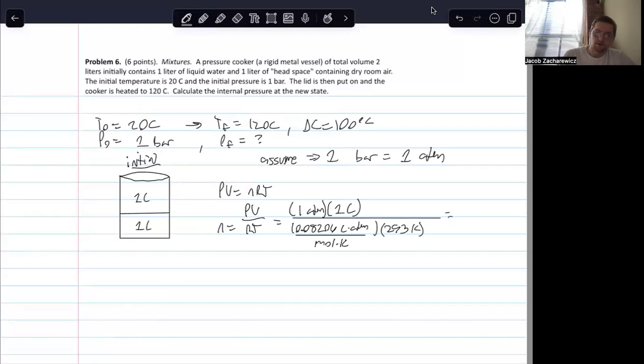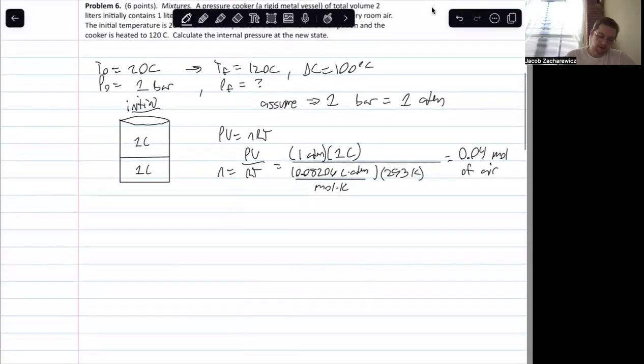Plugging that all into our formula, we find that we have 0.04 moles of air in our pressure cooker during the initial state.